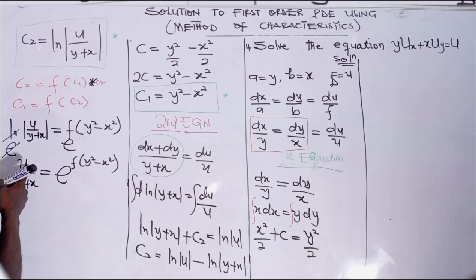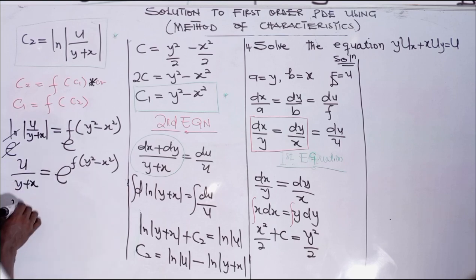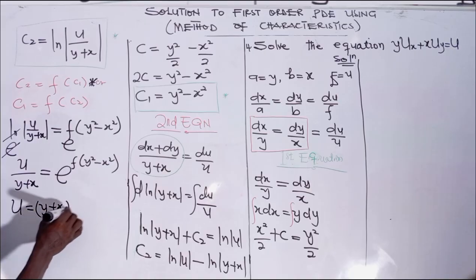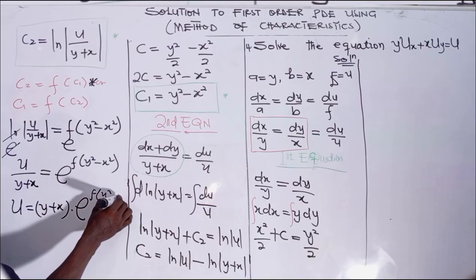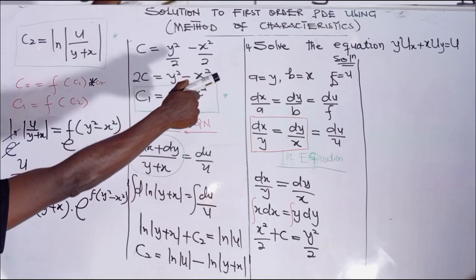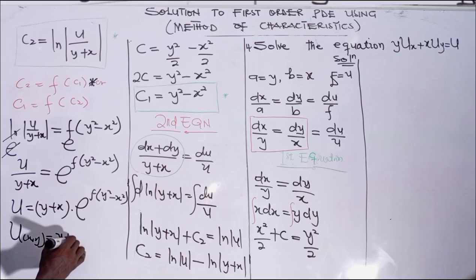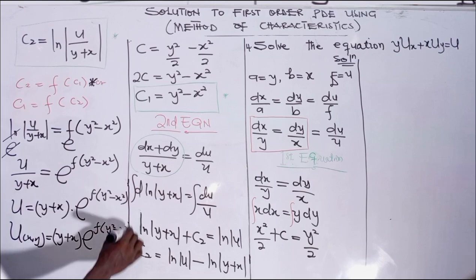Now we want to make u the subject, so we can multiply this by y plus x. So we have u is equal to y plus x multiplying e exponent f of y squared minus x squared. So we can say that the general solution for this equation is u at x, y equals y plus x multiplying e exponent a function of y squared minus x squared.